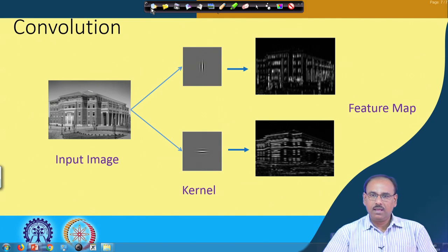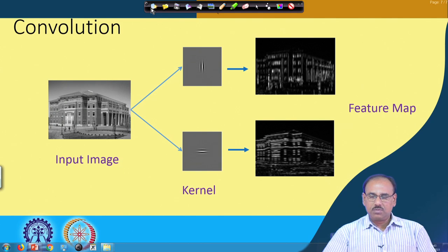But one thing you should be clear about, that this convolution operation is not the operation between two different signals, but the convolution operation actually gives you the output of a linear time invariant system or linear space invariant system, where the convolution kernel is actually the impulse response of the system.